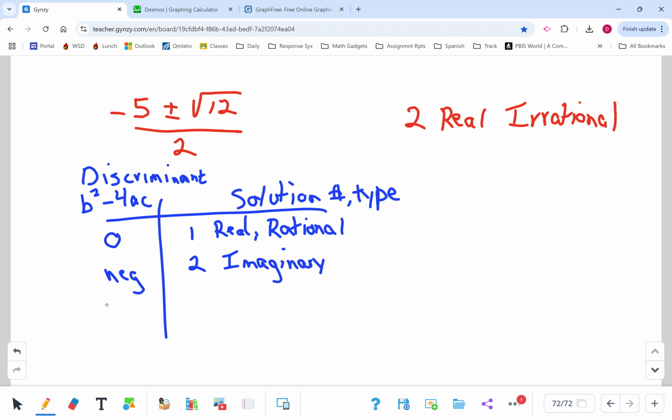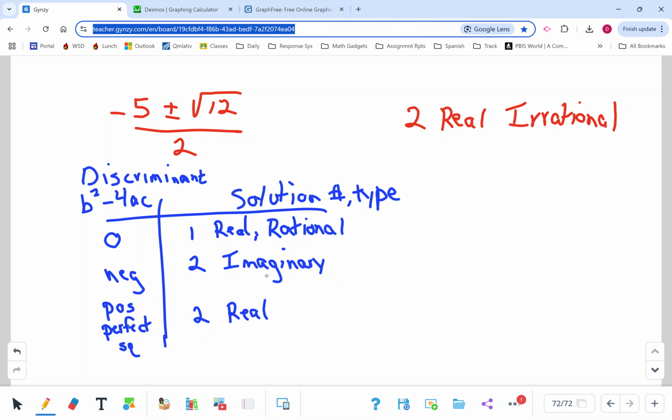If it's positive perfect square, you get 2 real rational.